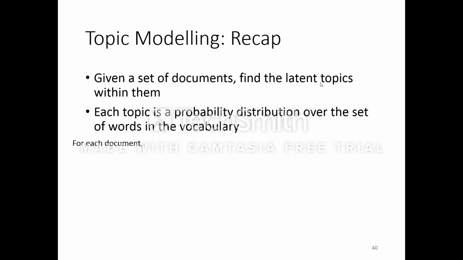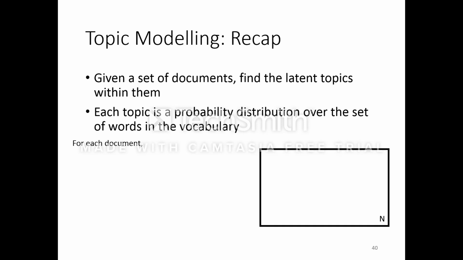So let's look at the script by which a document is generated according to one basic version of topic modeling. For each document, and we have n of those documents, represented by the n shown at the bottom right corner of this tile. Each tile represents a document, and this is a shorthand for that. You sample a distribution over topics using a global parameter.